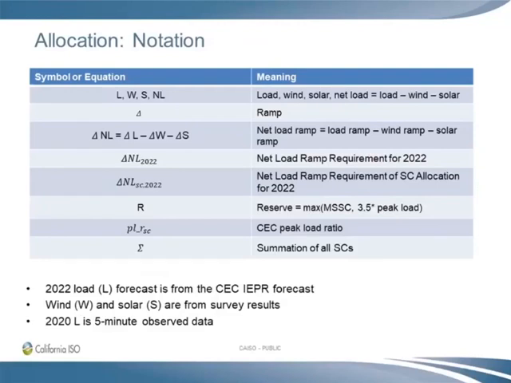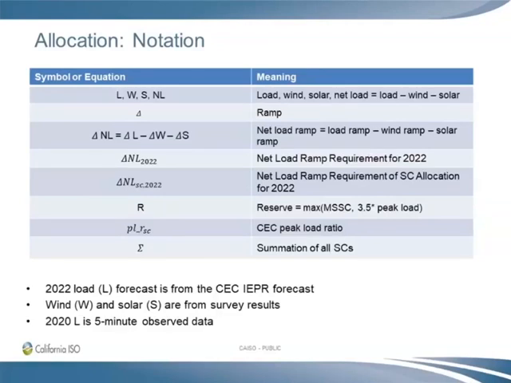Yeah, thank you, Clyde. This is Hong. When we finish the requirement, Clyde's part, what do we have? We have 5 pies. The first one is the net load requirement. Then we have the reserve.